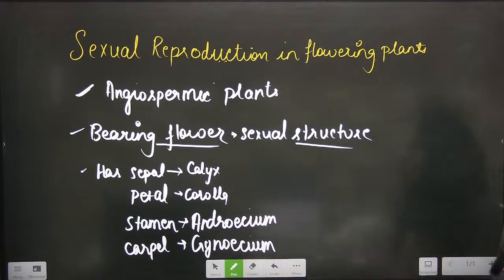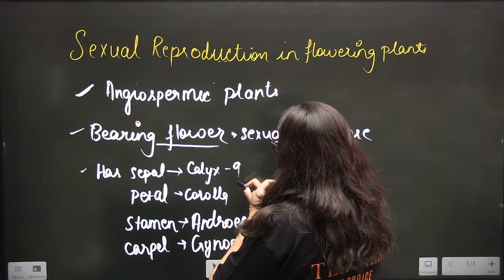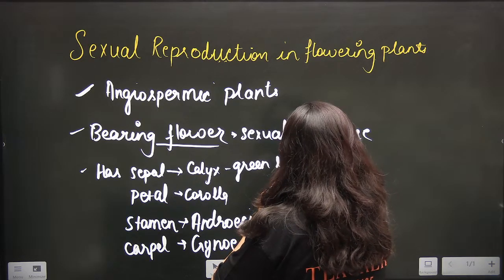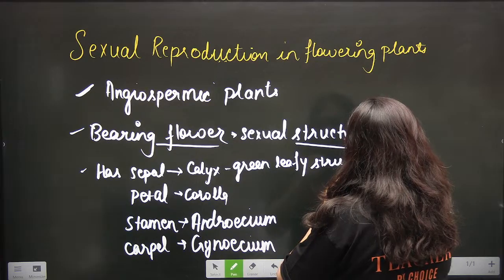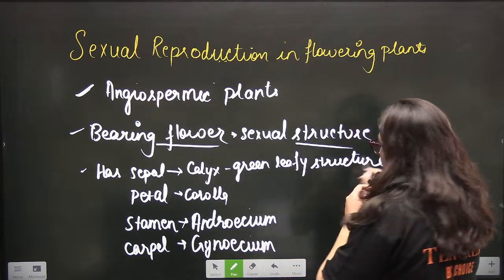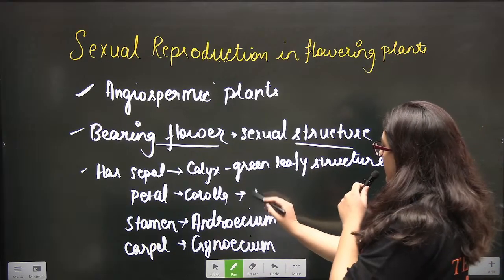Calyx, corolla, androecium, gynoecium. Now, calyx is a green leafy structure. The corolla is colorful, to attract insects.